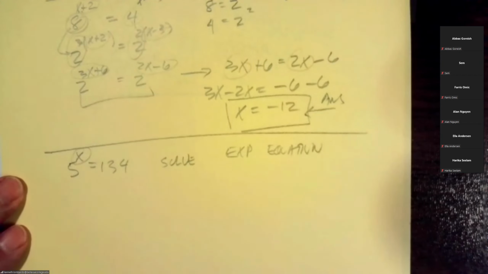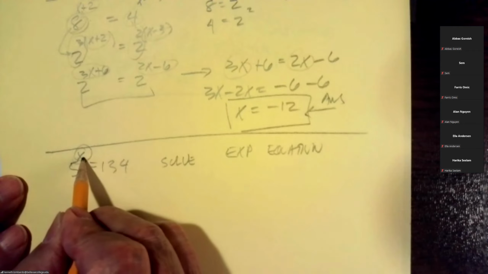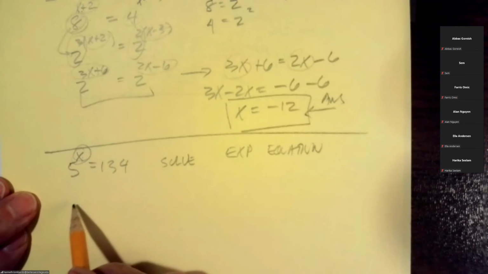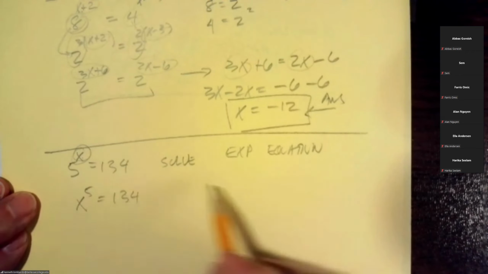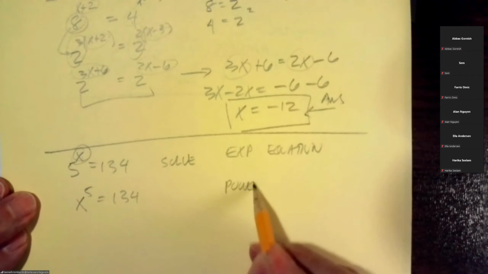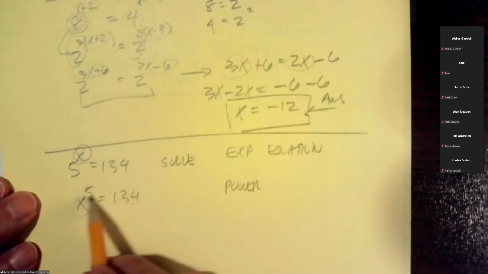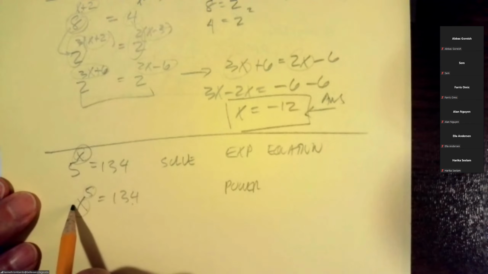And we might be asked to solve exponential equations, and in exponential equations, our variable is in the exponent, as opposed to something that might look like x to the 5 equals 134. This would be a power function, wouldn't it? That's a power equation. We're taking x to this power. Here, x is the exponent.